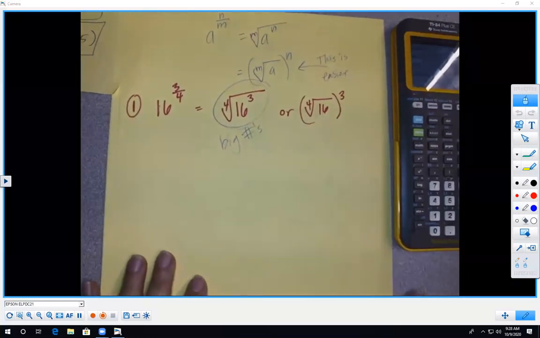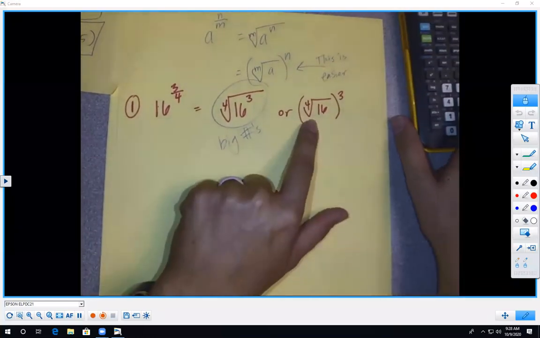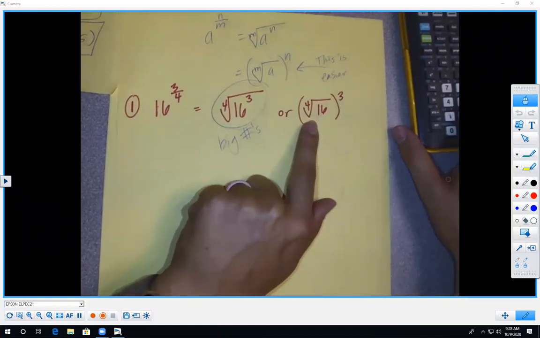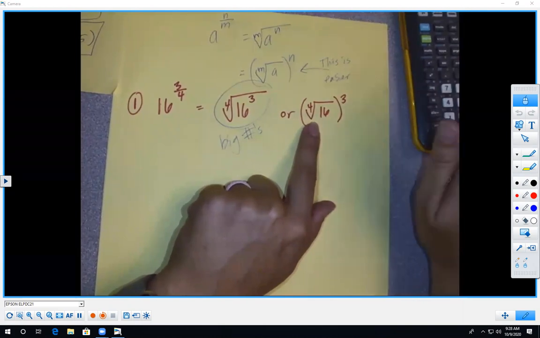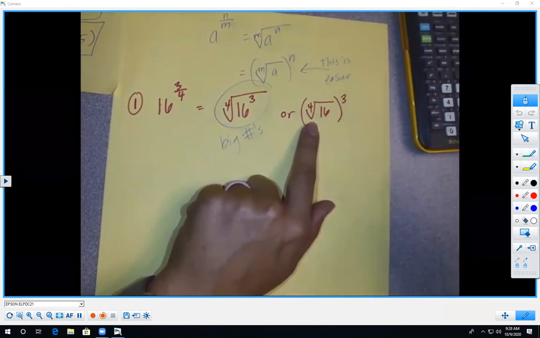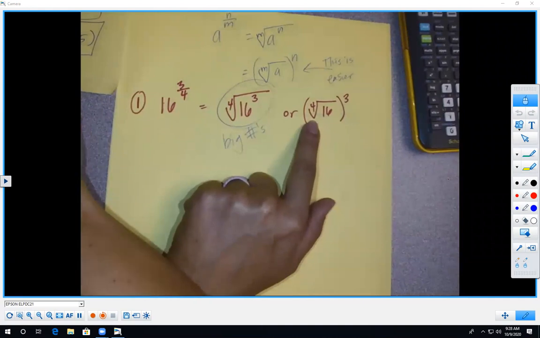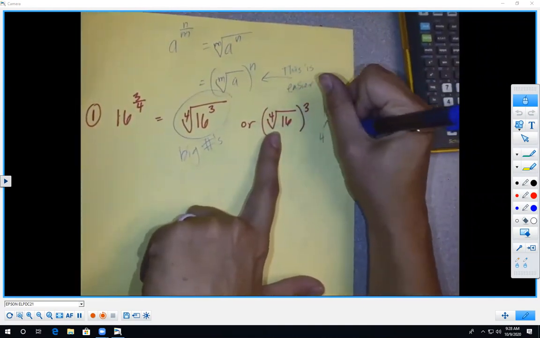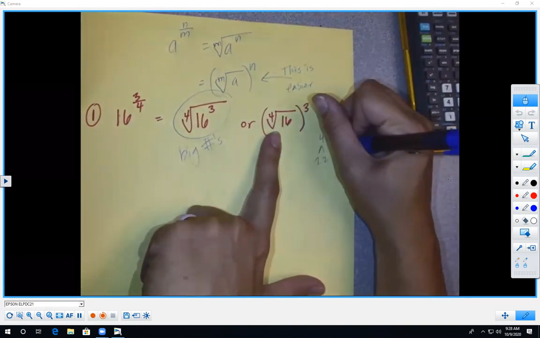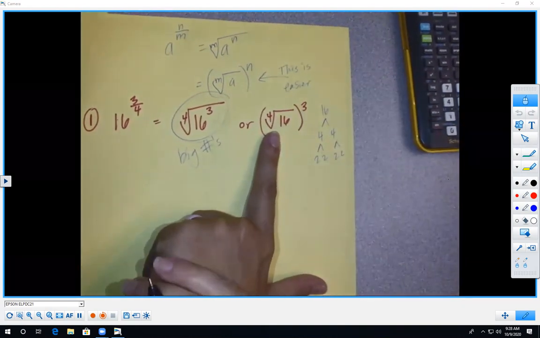If you do it the other way, first thing I want to do is take the fourth root of 16. That means what times itself 4 times gives me 16. Or if I break down 16, do I have a group of 4 of something? Okay, so we can do that if we needed to. 16 is 4 times 4, and each 4 is 2 times 2.